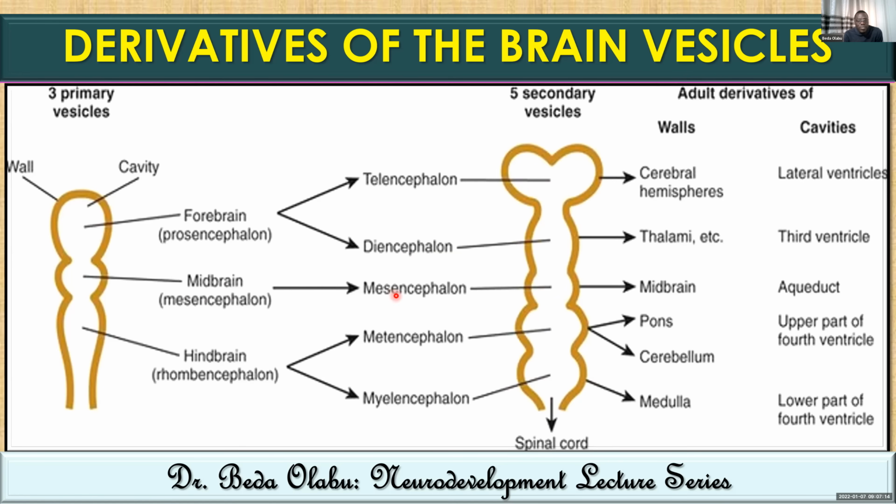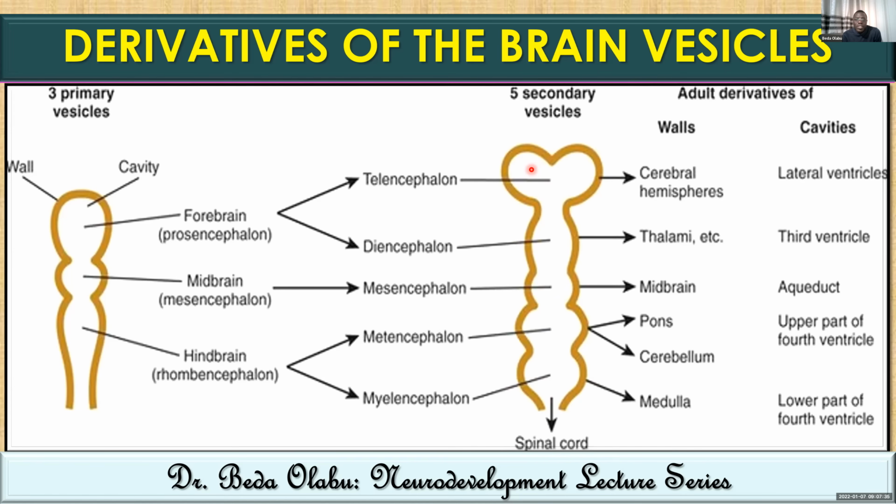Mesencephalon remains constant. Rhombencephalon gives us two swellings, metencephalon and myelencephalon. And so these five are secondary brain vesicles. They each have a wall and a cavity.